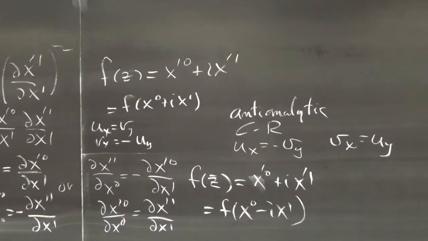Because if you want u x to be equal to v y, well, the second equation says u x equals minus v y. X0 is u, x1 is v, so this says v x equals u y. That's the Cauchy-Riemann. Oh, you're right. That's the anti-analytic function. Damn it.